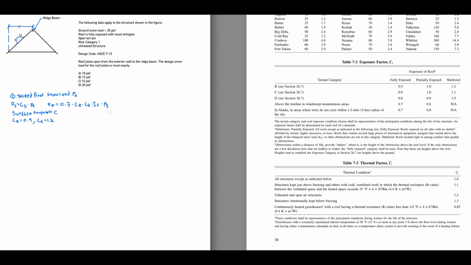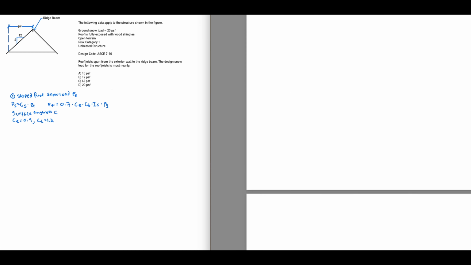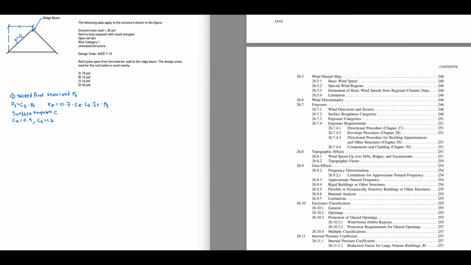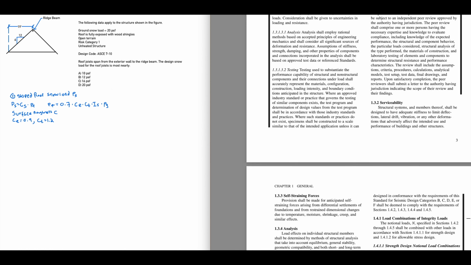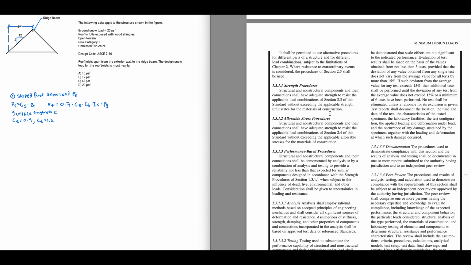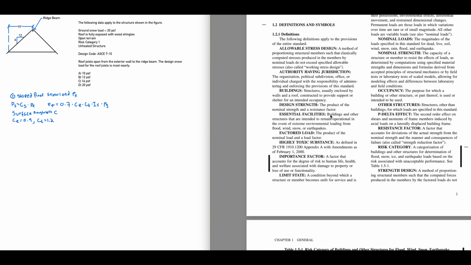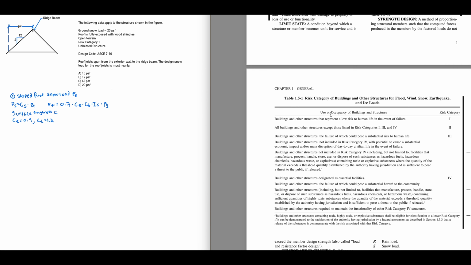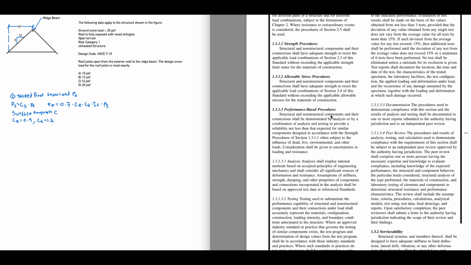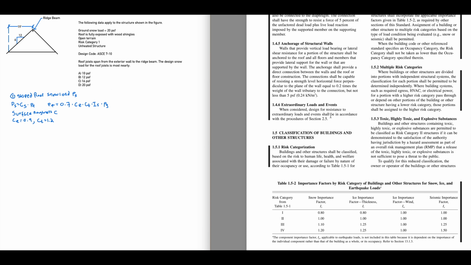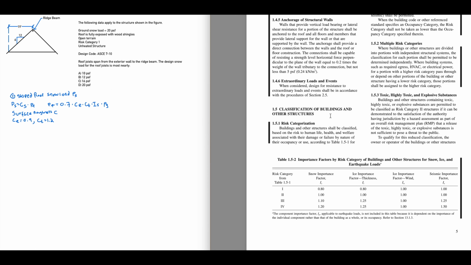Okay, IS, the next item that we need to solve for. So IS is the importance factor for snow, and the importance factors are given all the way back in chapter 1 for different structures. So if we go to chapter 1, we want to find the importance factor for snow load.